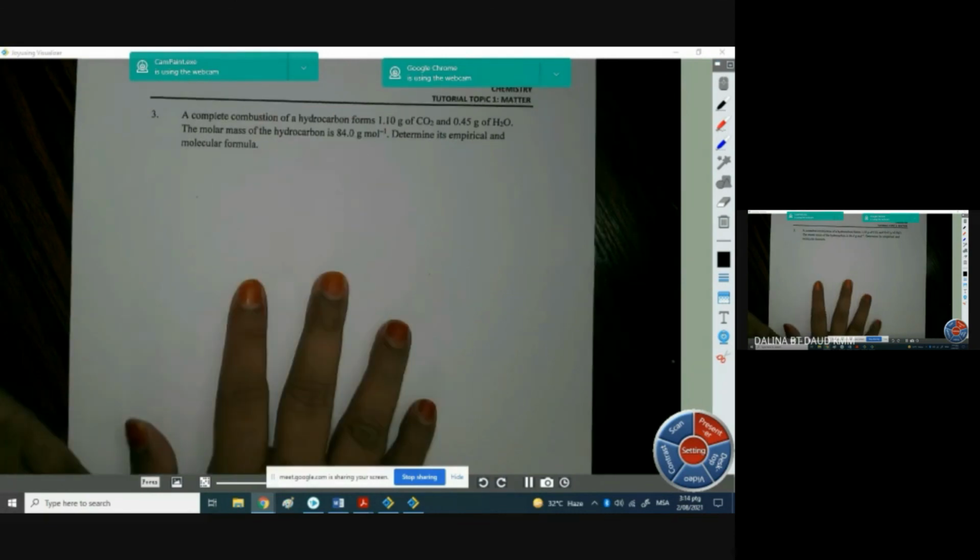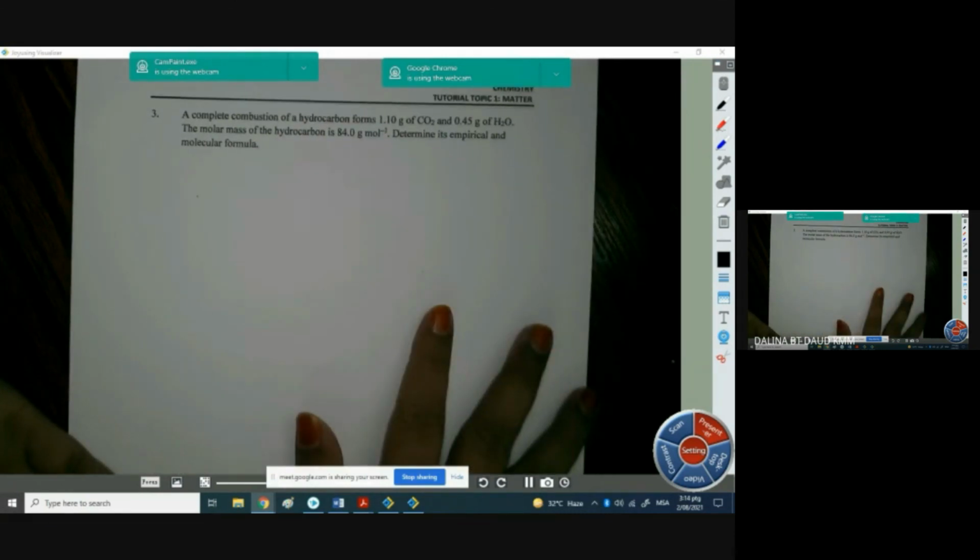Okay, so question number 2 and number 3 ni both is about empirical and molecular formula. But question number 2 dia punya soalan direct, dia dah bagi data direct sangat. Untuk question number 3, dia bagi data in terms of product.